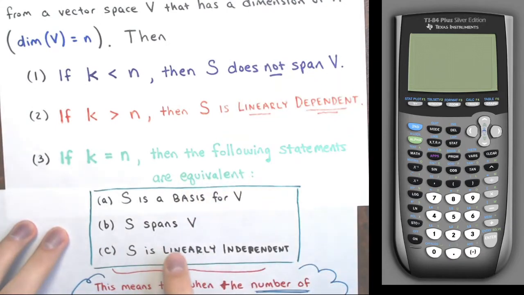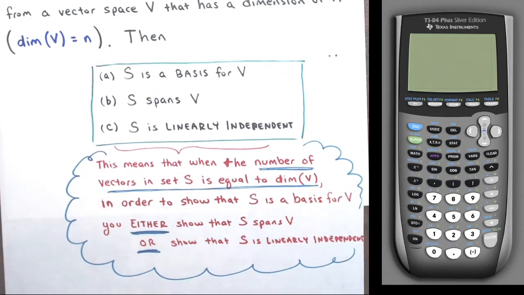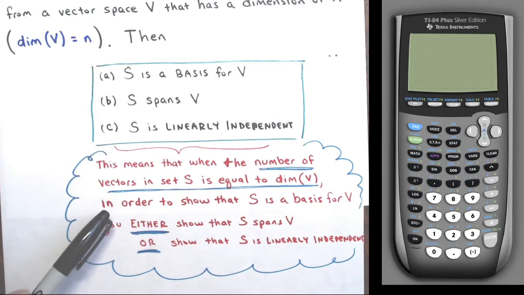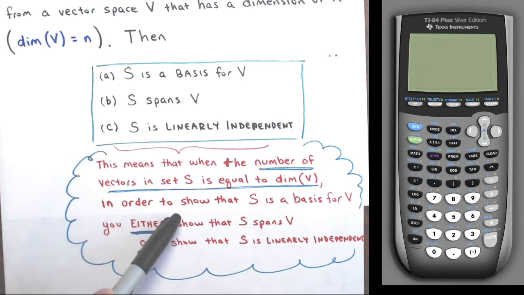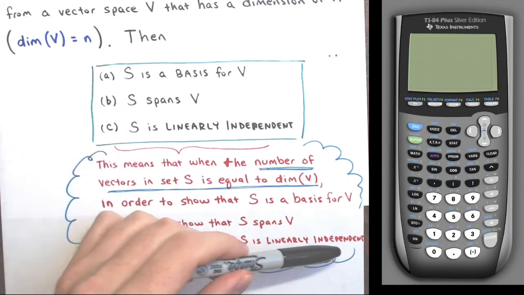You just need to show that one of these is true for all three to be true. So I've put that down in words here. So this means that when the number of vectors in the set S is equal to the dimension of the vector space, in order to show that S is a basis for V, you either show that S spans V, or you could show that S is linearly independent.